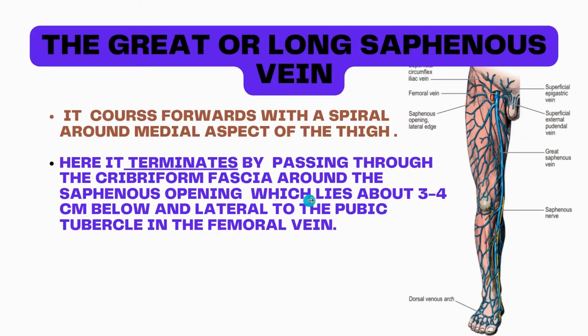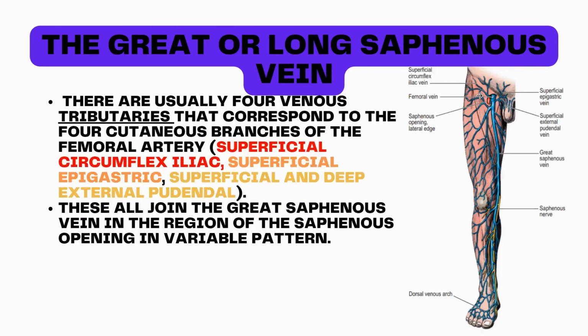And the saphenous opening lies about 3 to 4 centimeters below and lateral to the pubic tubercle, in the femoral triangle. And ultimately this vein is draining into the femoral vein. There are usually 4 venous tributaries that correspond to 4 cutaneous branches of the femoral artery.